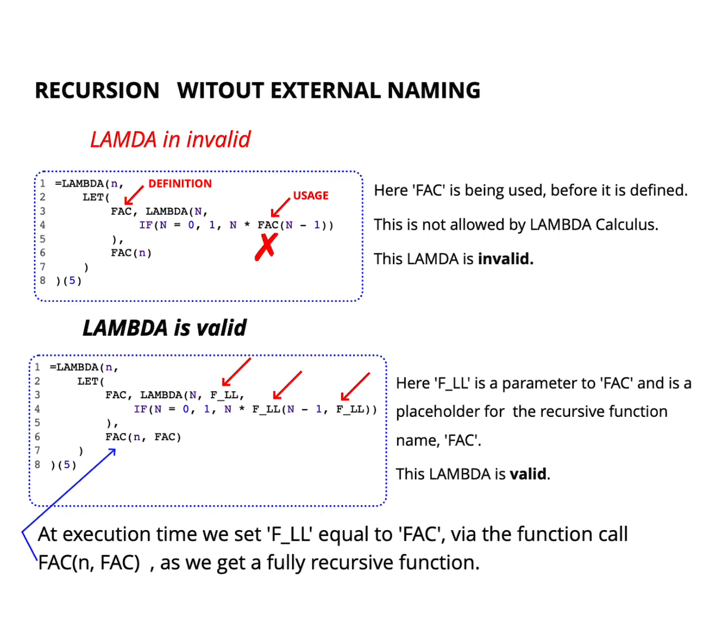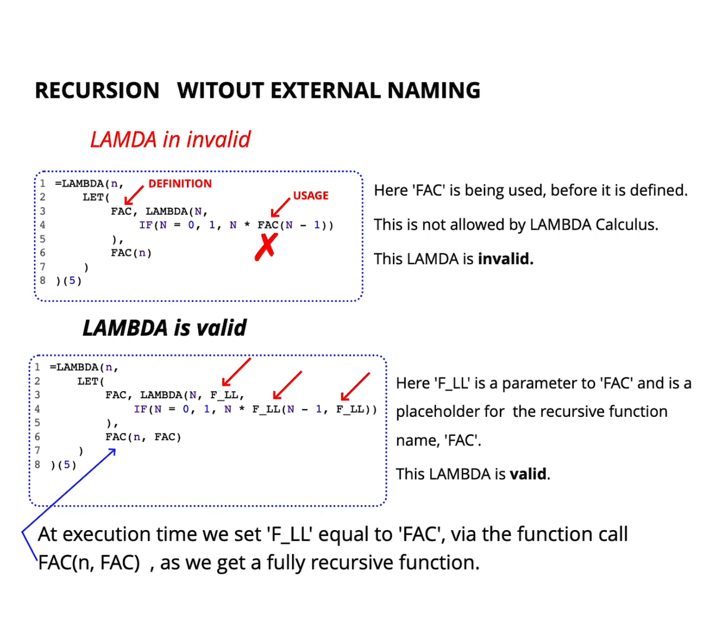It is possible to create a recursive function in Excel Lambda without using external naming. The top lambda shown here is invalid because the name fact is being used before it is defined. This is not allowed by lambda calculus, upon which Excel Lambda is based.